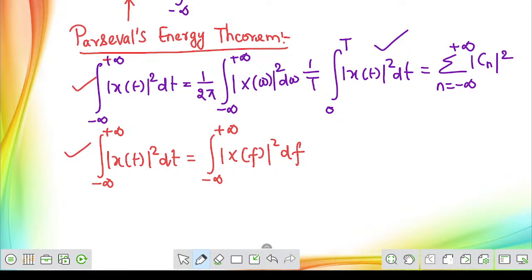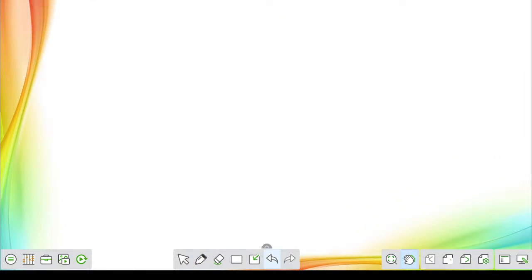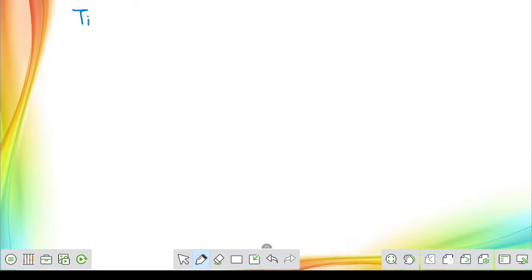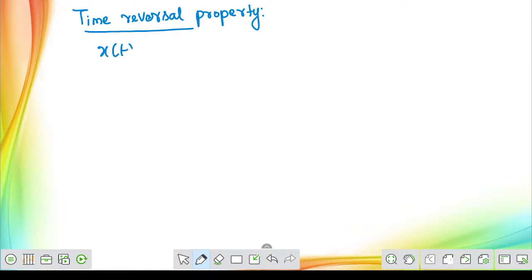Another important property is the time reversal property. Let us go ahead with it. What is the meaning of time reversal property, sir? Suppose I have a signal x of t and its corresponding Fourier transform is x of j omega.